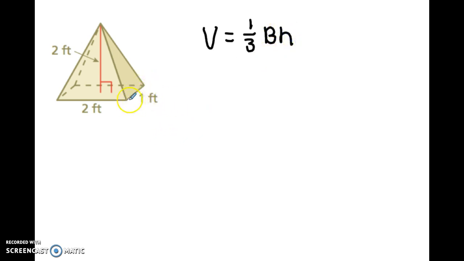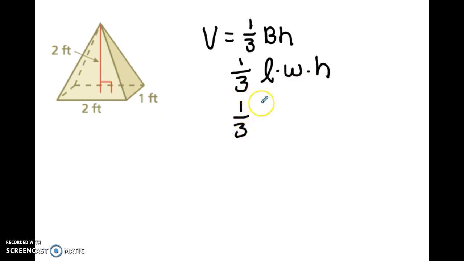So we see here our base is a rectangle. So we know rectangle is length times width, and we need the height of the pyramid. So 1/3. The length of the base is 2. The width of the base is 1, and the height of our pyramid is 2.